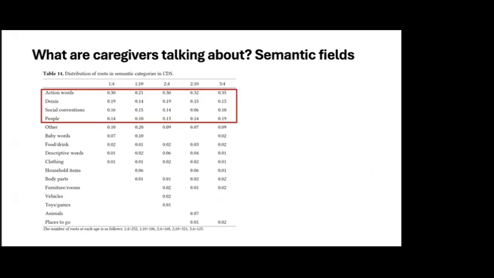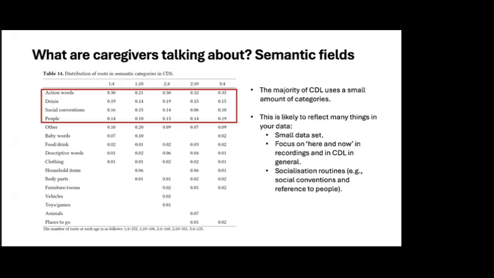So action words, deixis, social conventions, and people. This makes up a great deal, or a majority, of this child-directed language, taken up by this small amount of categories. And this is likely to reflect many things in the data.